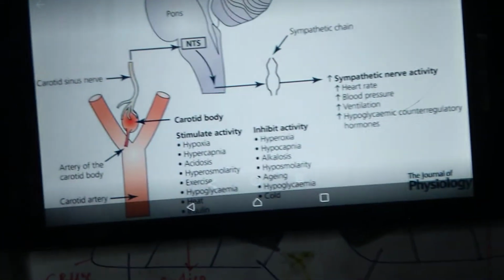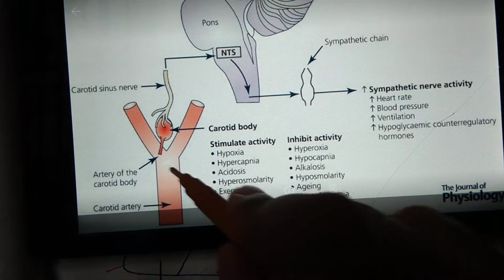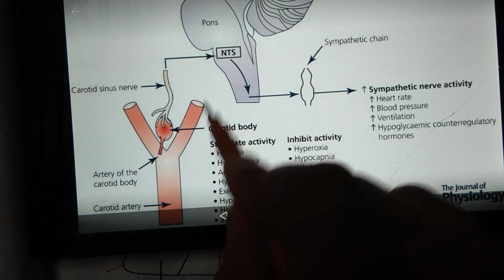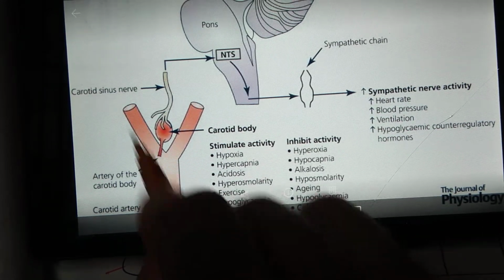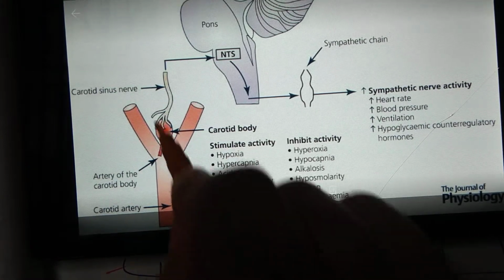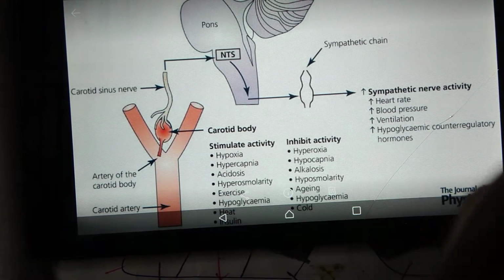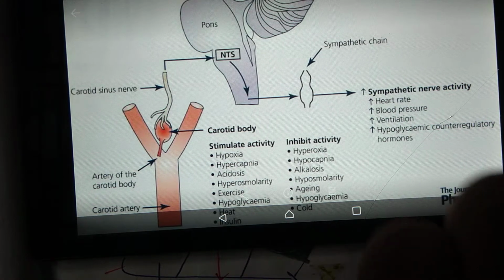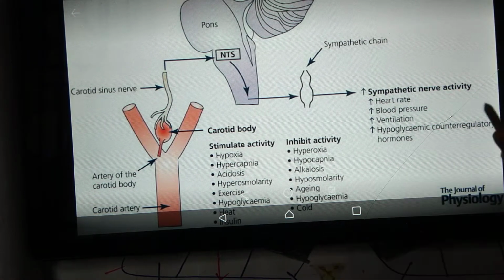Now look, the carotid body. What is the carotid body? The carotid body is generally located between the external carotid artery and the internal carotid artery, where they bifurcate. What is this? This is a yellowish brown or brownish yellow colored structure.